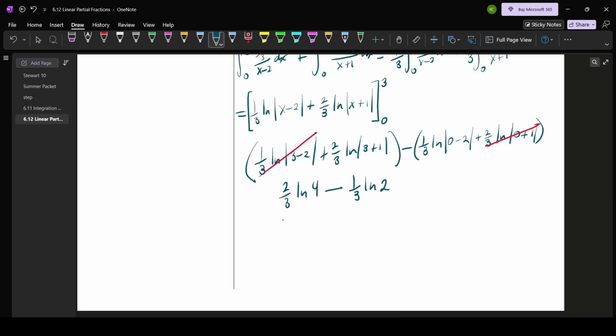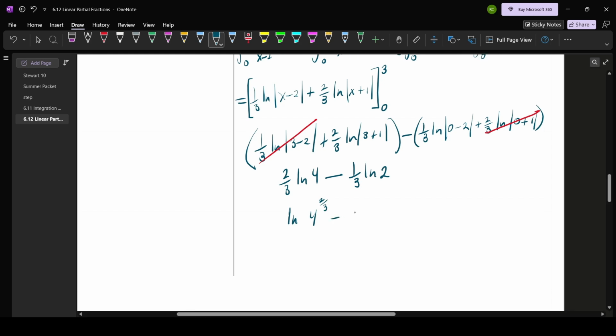We use the natural log rules to rewrite these as natural log of 4 to the 2/3 minus natural log of 2 to the 1/3, which can be written as natural log of 4 to the 2/3 over 2 to the 1/3.